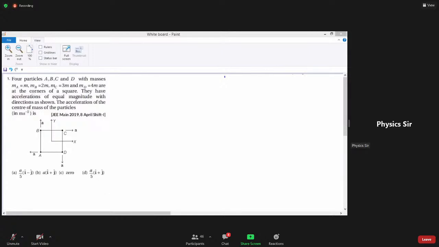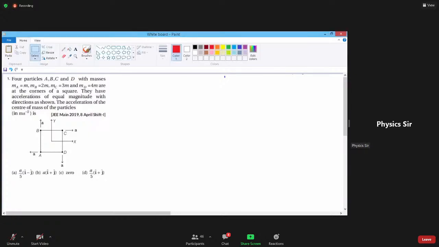It means this particle A has the acceleration along the negative x-axis. B has the acceleration along the positive y-axis. C has the acceleration along the negative x-axis. And D has the acceleration along the negative y-axis.